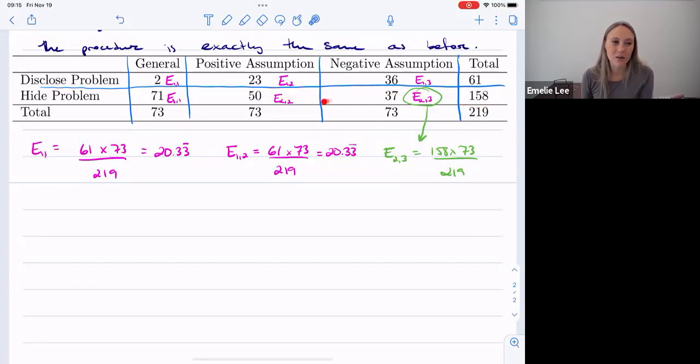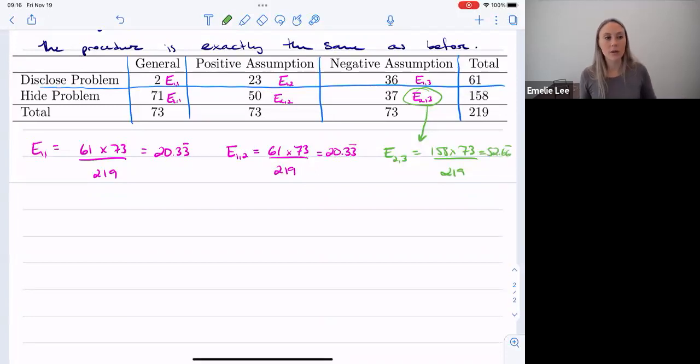And in this case, the column totals are all the same as well. Right, so 158, oops, I did 159, that's not going to help. 158 times 73 divided by 219, 52.66 repeating.